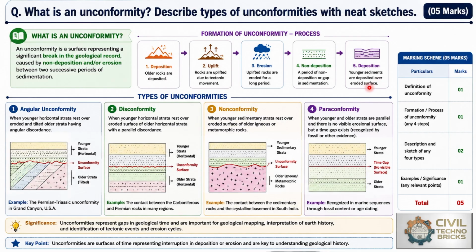Year by year the sediments are deposited one after another, creating layers in the future. So unconformities are surfaces of time representing interruption in deposition or erosion, and they are the key to understanding the geological history of the formation of rocks.